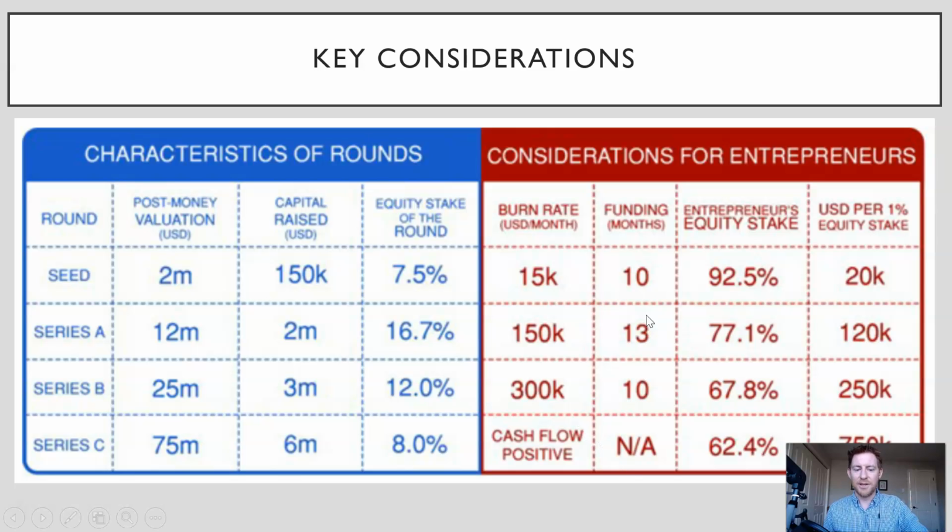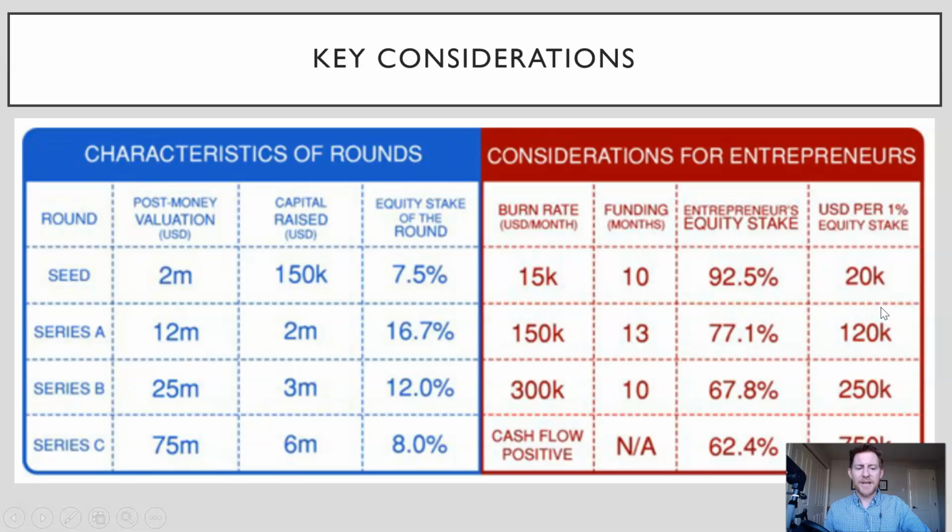For example, in the seed round, you raised 150,000 with a burn rate of 15,000 per month. You have 10 months of runway. So you've got 10 months before you run out of money again and you need to raise. And you can see after the first funding round, the entrepreneur still has a very large percentage of ownership.